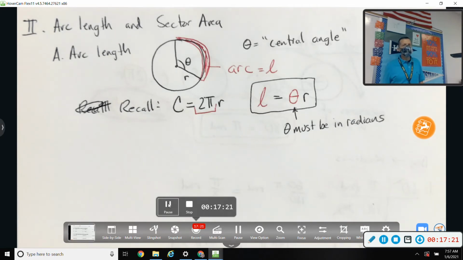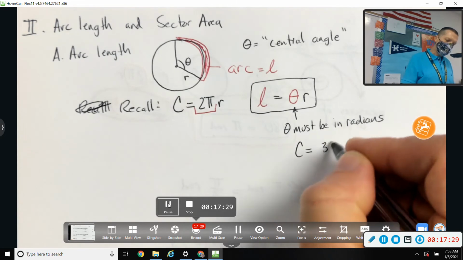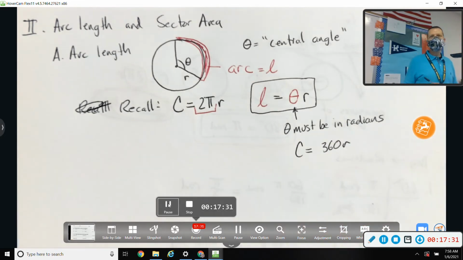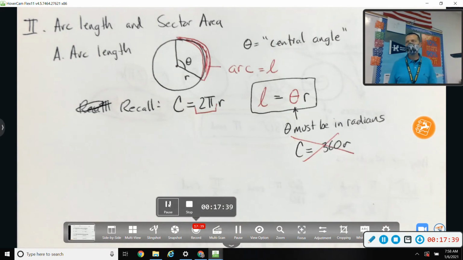I think that makes sense. If theta was in degrees, then the circumference formula would be 360r. But that's not the circumference formula. You don't multiply the radius 360 times to get the circumference. That doesn't make sense. Theta has to be in radians. As long as you're in radians, it's a real easy formula to use.